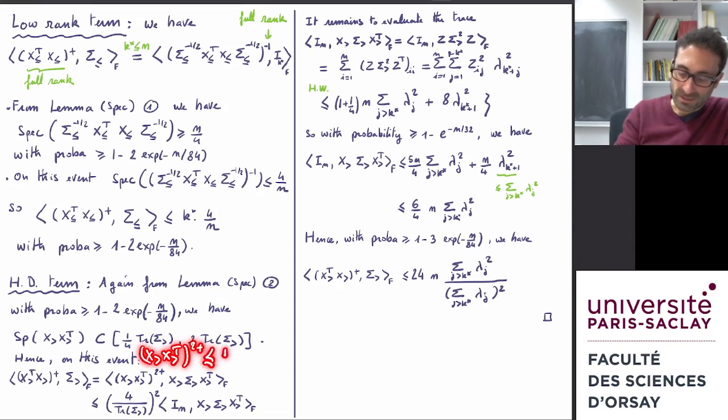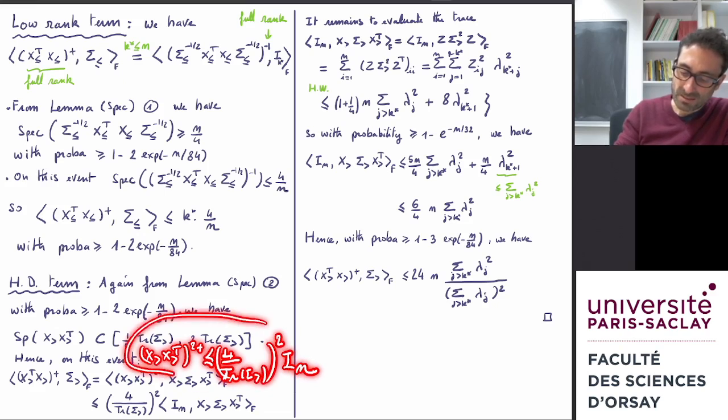Again, I emphasize that this is in terms of domination of positive semi-definite matrices. So it will be smaller than 4 over the trace of sigma squared times the identity.